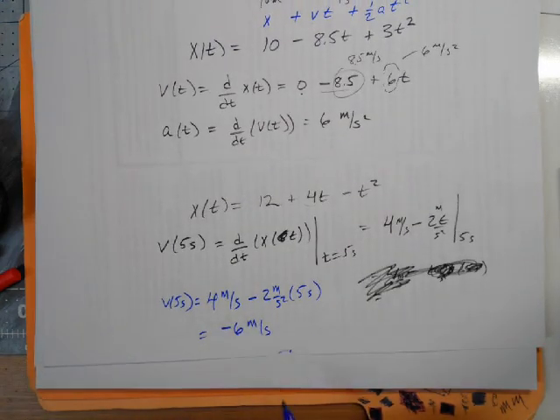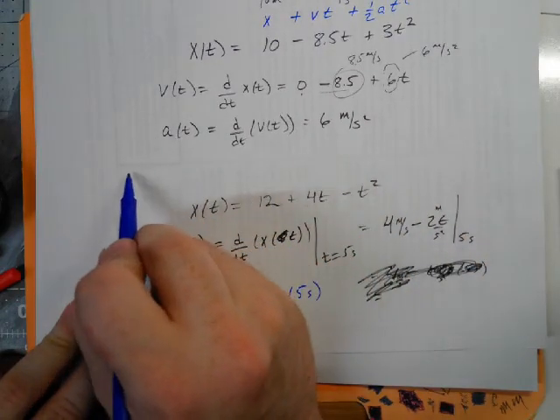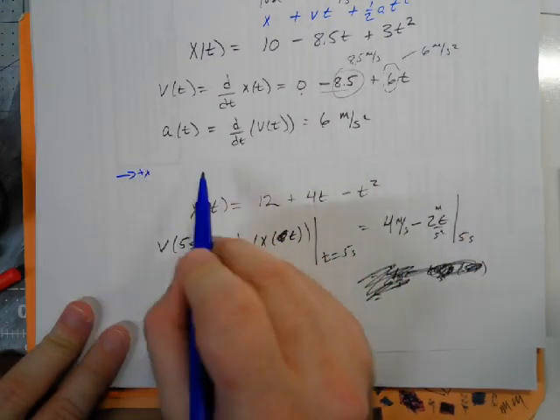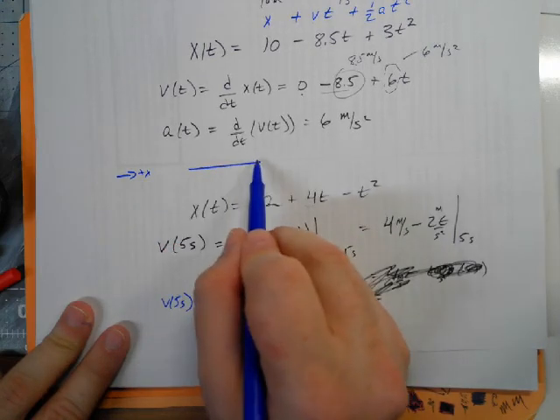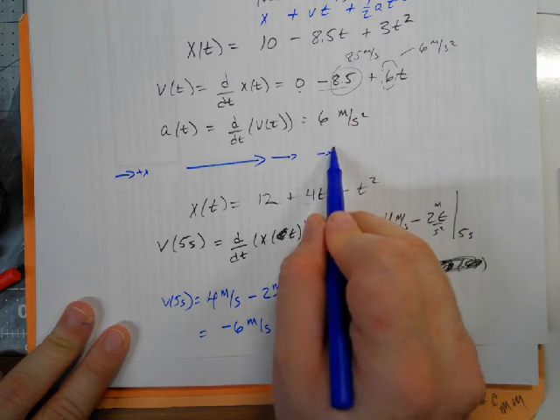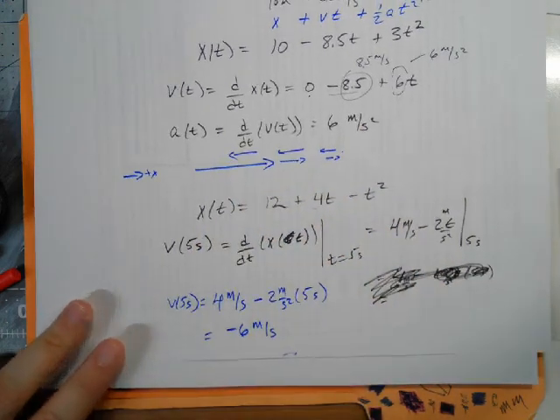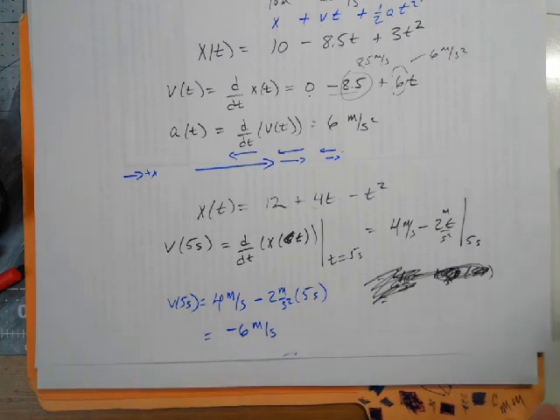If we interpret it, say positive is to the right, this is motion. It goes this way to start with, and then it slows down, it stops, and it turns around. It moves to the right first, and then moves back to the left.